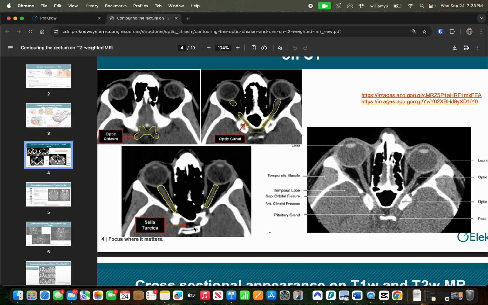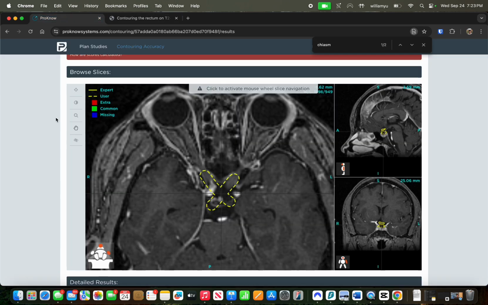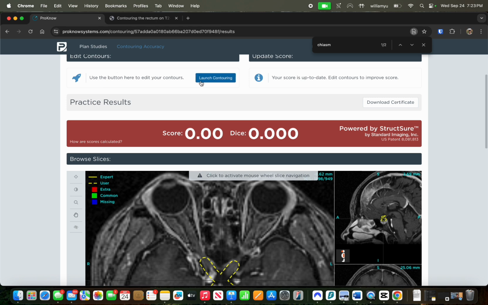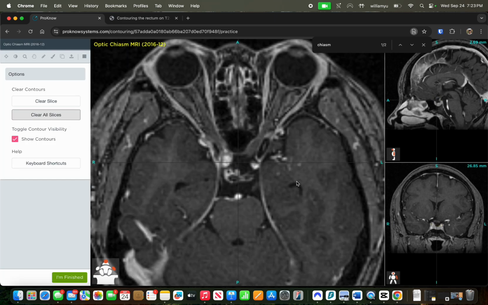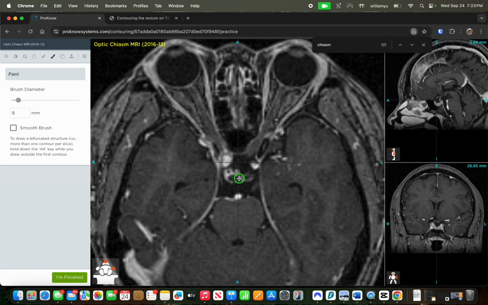So we're going to redo this attempt right now and go to launch contouring. Here, all slices. Okay, so we can see the optic canal. We should only be seeing anterior portions of the chiasm.